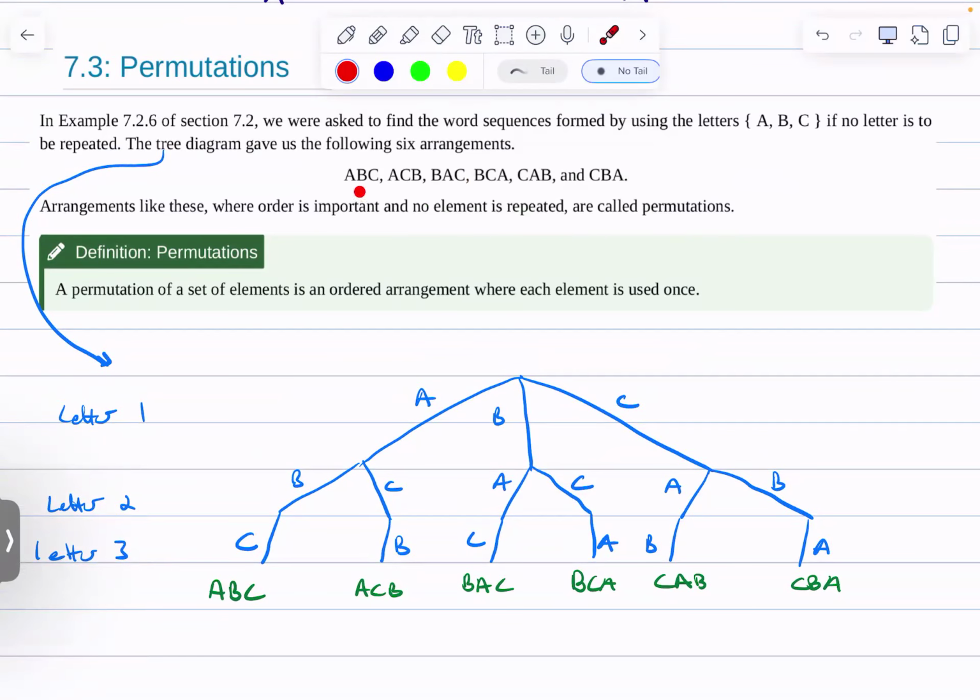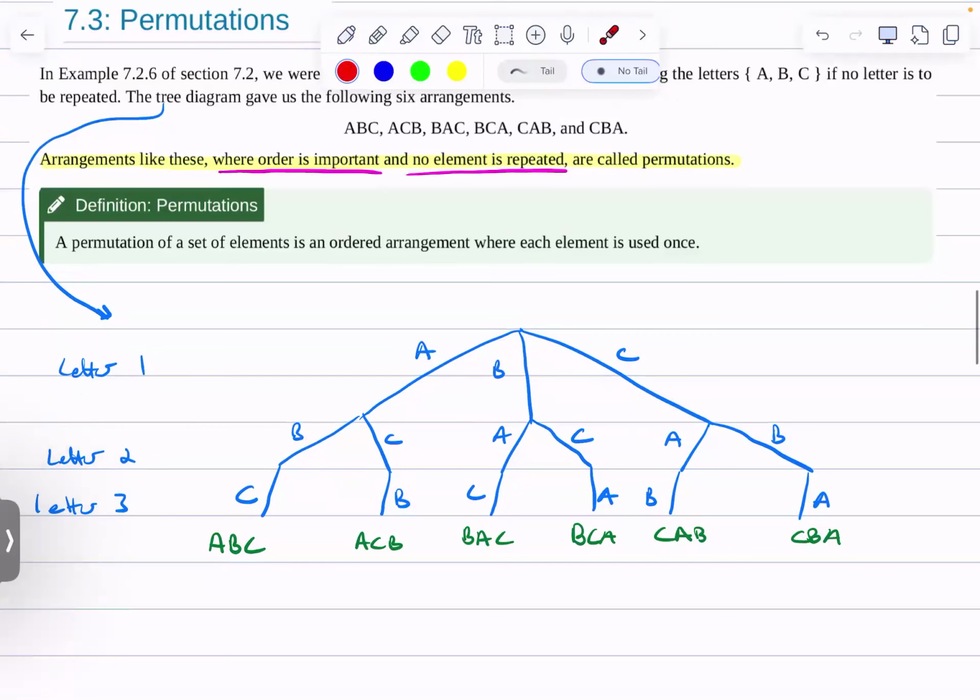So from our tree diagram, we found these 6 permutations, because they are arrangements like these, and I'm going to double underline where order is important and no element is repeated. That's what we call a permutation. These are all permutations of the 3 letters.